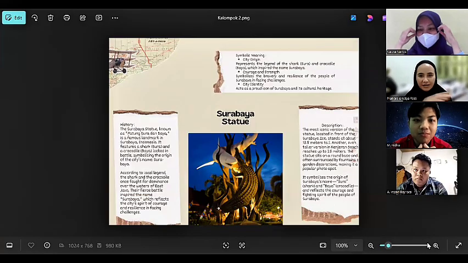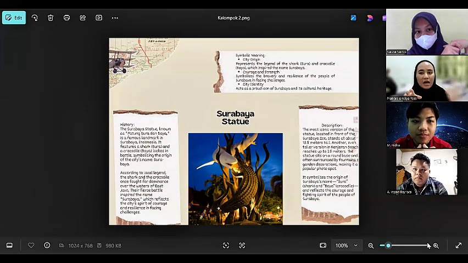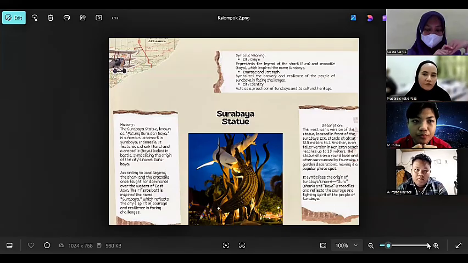Okay, so according to the local legend that I have told you, the name symbolizes a battle between a shark called Sura and a crocodile called Baya over territory. This myth represents strength, bravery, and the struggle for dominance, which reflects the spirit of the people of Surabaya.